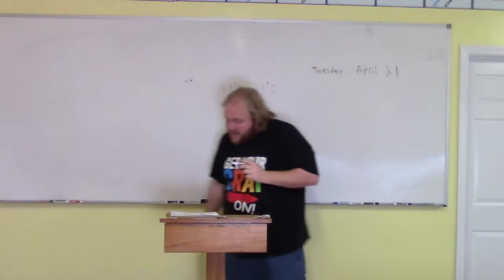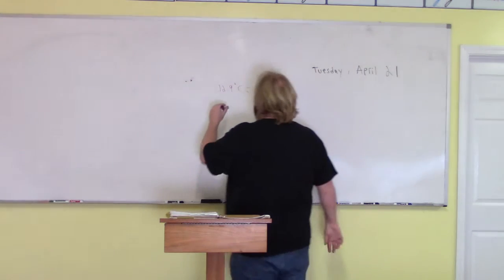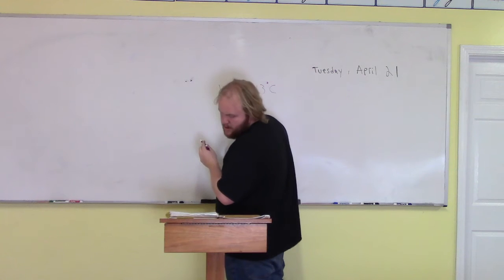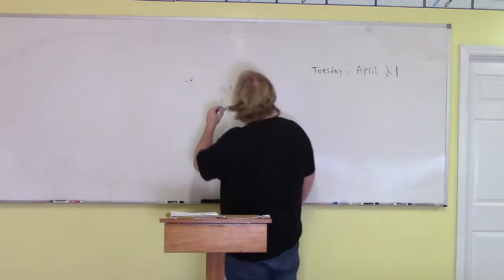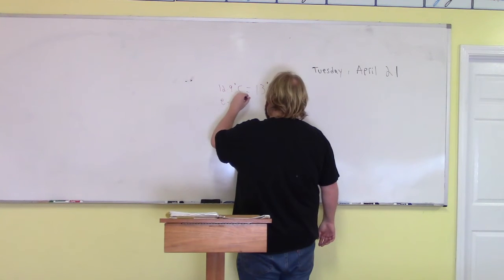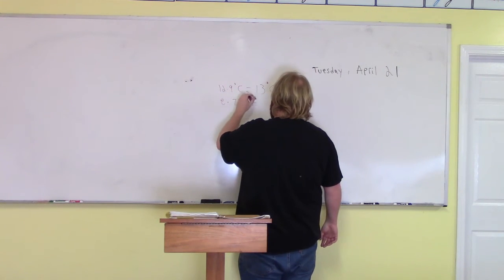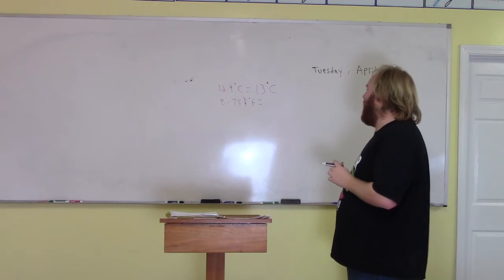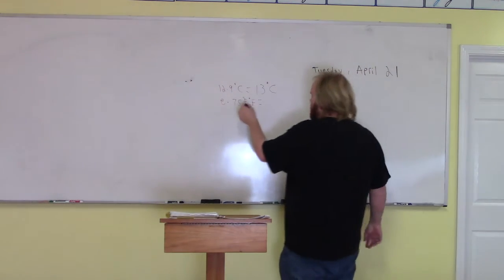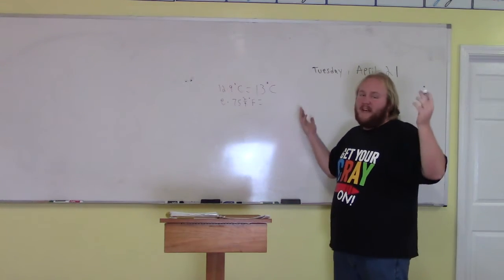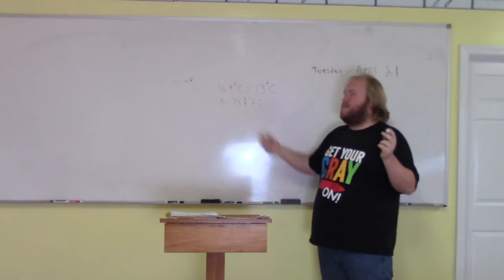Let's look at example E. So E says we've got 75 and 2/9 degrees Fahrenheit. Now, there are two ways that we can figure out how to round. We could go 2 divided by 9, and that would give us a decimal of some sort, or we can use some common sense.